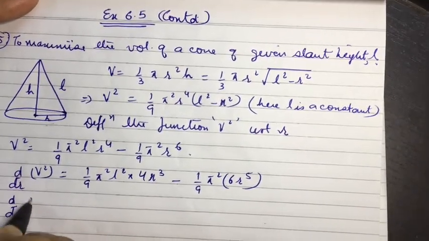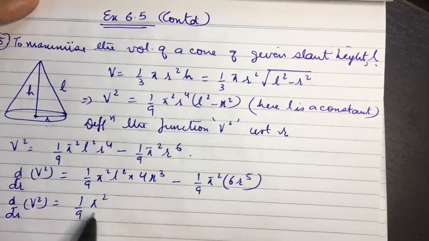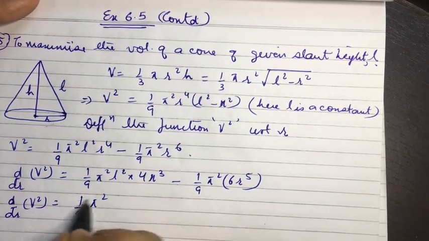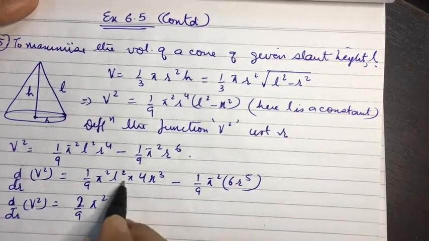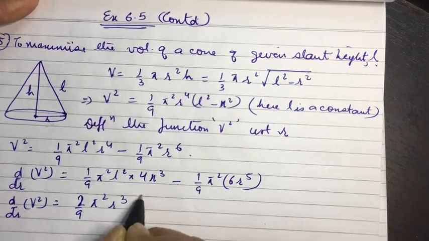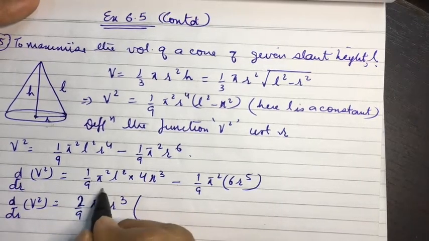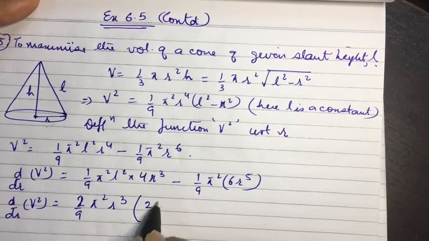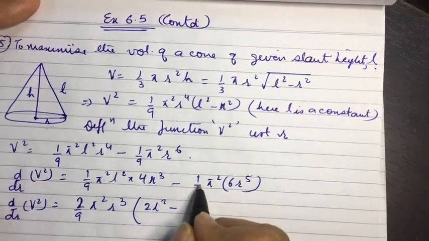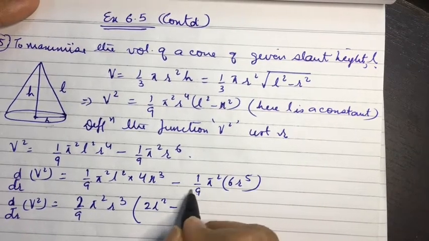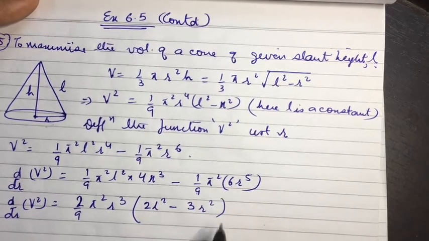So d by dr of V square is equal to, we can take 1 upon 9 common, we can take pi squared common, we can take 2 common out of here. So 2 upon 9 pi square, and also we can take r cube common. So what we are left with is, now 2 upon 9 is gone, pi square is gone, so 2 is left here, L square is left here, minus, now here 3 upon 9, 2 upon 9 is gone, so 3 is left here, pi square is gone and r square is left here.